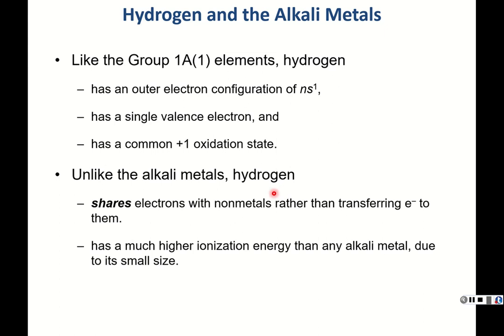Unlike the metals, though, hydrogen shares electrons with nonmetals rather than just transferring them to them. So that's one way it differs. And then it has a much higher ionization energy than any of the alkali metals, just due to its small size. So there are some similarities with those group 1 elements, and there are some differences.